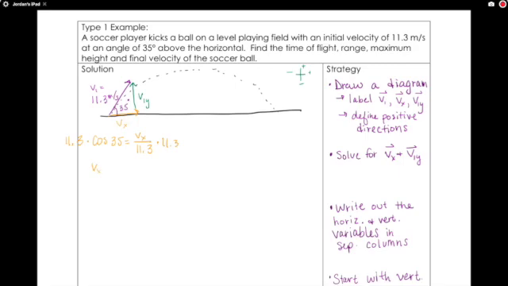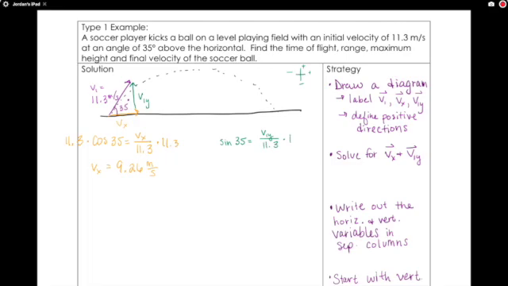Vx is 9.26 meters per second. Okay, and then for V1y, it's the opposite of the angle, so we're going to use sine. So sine of 35 degrees equals V1y all over the hypotenuse, which is 11.3.